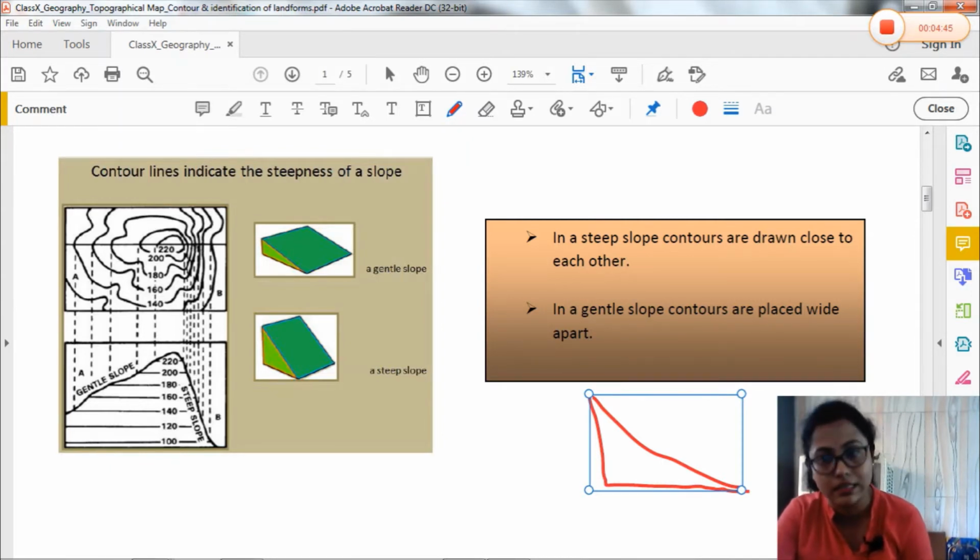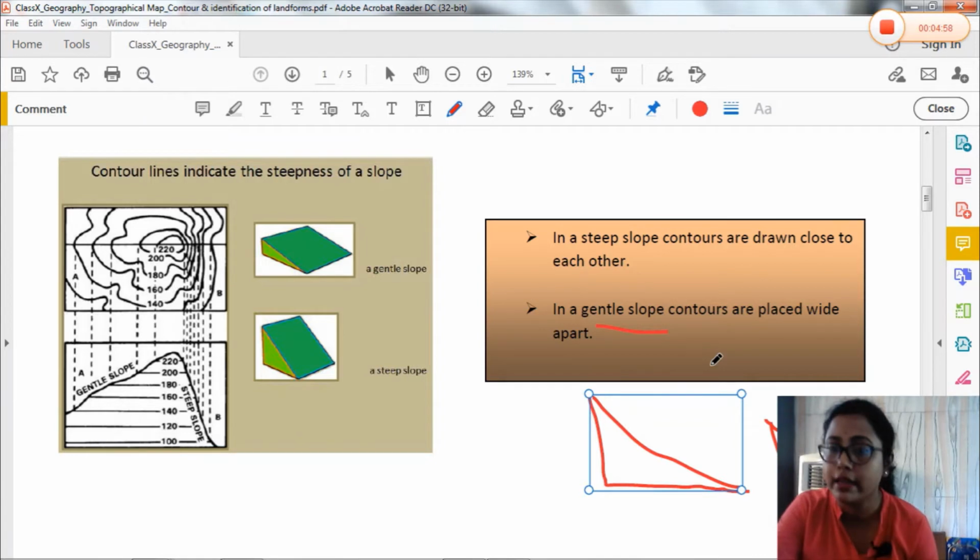Another is the gentle slope, which means flat topography. We get the gentle slope mainly in plain areas where agriculture is practiced, in coastal plain regions or sandy plain regions, which are mainly flat.